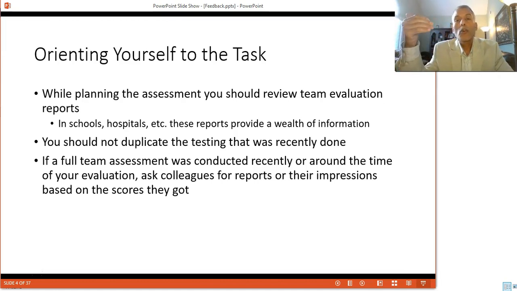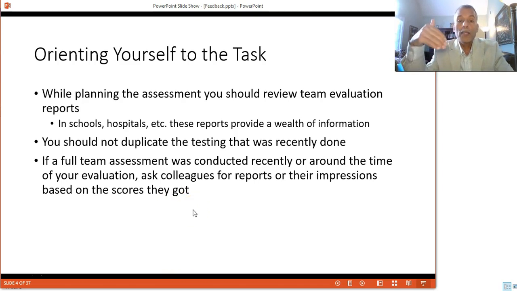So you first look for any evaluation that's available at that time. Say, ask the psychologist, or ask your fellow colleagues in the hospital, whoever is evaluating as part of the team, if they have scores. They don't even have to have the report. You just get some preliminary ideas about the scores they have, and you could use that to interpret the scores that you get. And that will minimize the amount of time that you use to administer the evaluation.